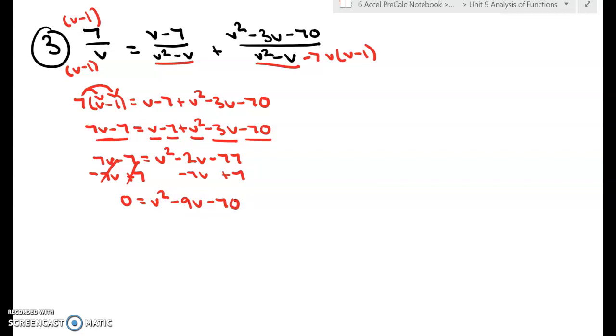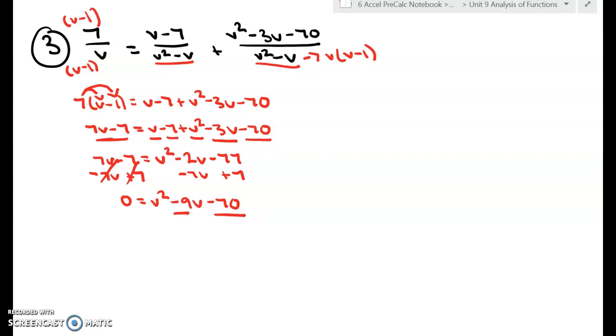Now there's two ways we can go about solving for v, because this is now a quadratic equation. So first we can see if anything will add up to negative 9 and multiply to equal negative 70.